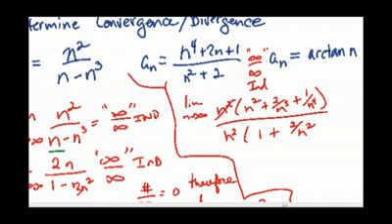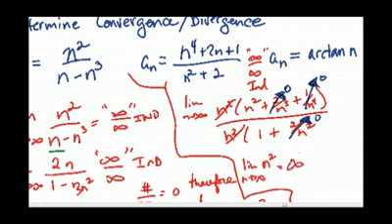The n squareds then cancel, and all of these terms with n's in the denominator, because we're going to infinity, are going to go to 0. As the bottom gets really large, overall we start getting smaller. And then we're just left with the n squared expression, and that n squared, when you plug in infinity to it, gives you infinite. Therefore diverges.